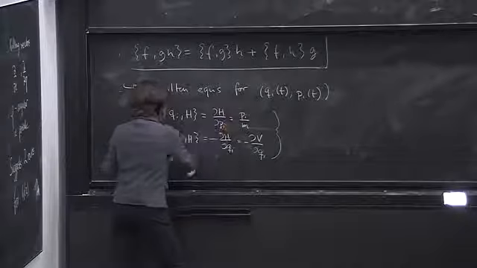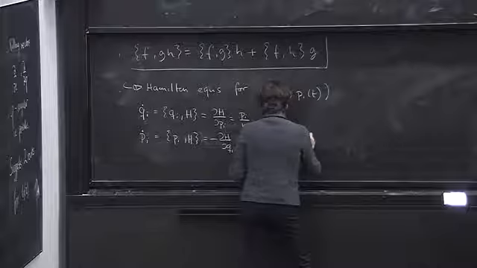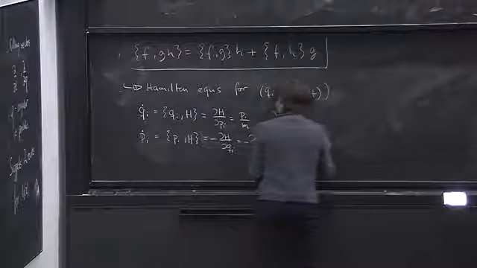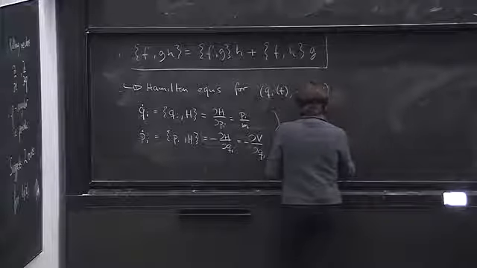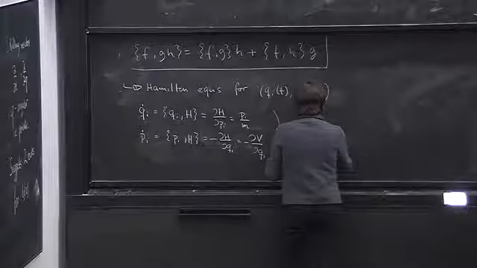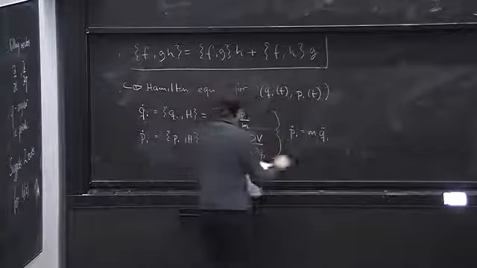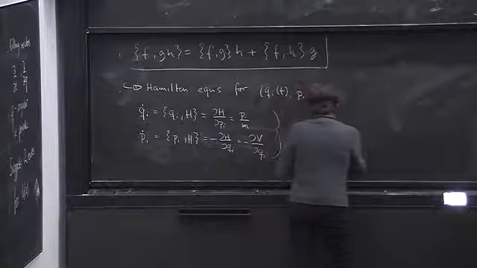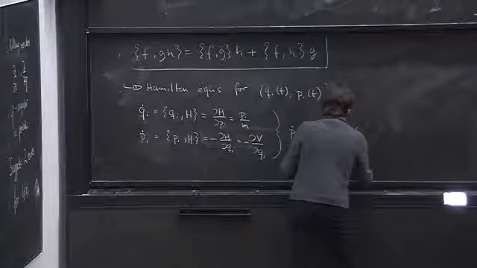If I just substitute this in here, I get Pi dot equal to M Qi double dot, substituting this into Z, equal to minus del V by del Qi.